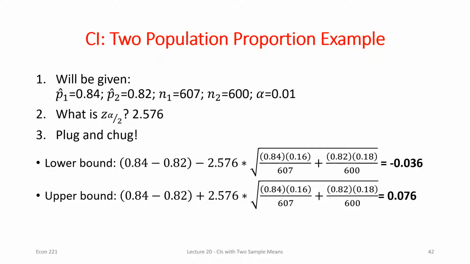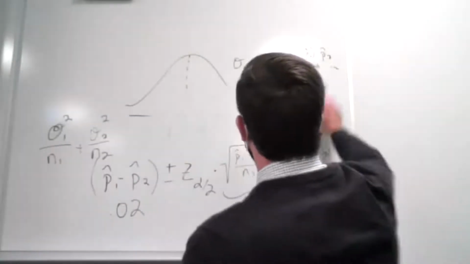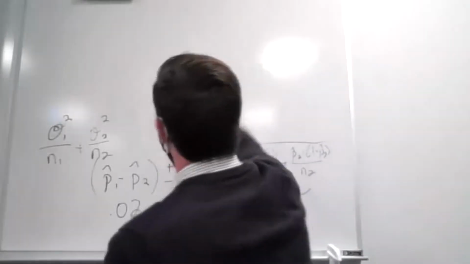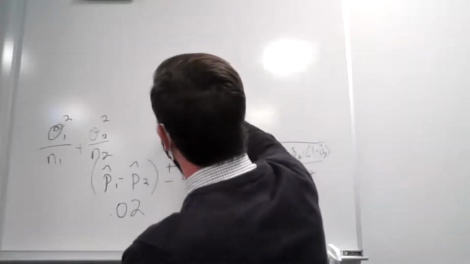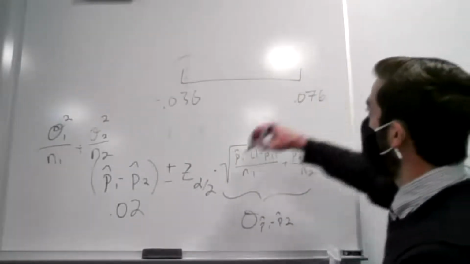In fact, one of the true possible values could be, so if I think about, I've got negative 0.036, 0.076, I think it was.